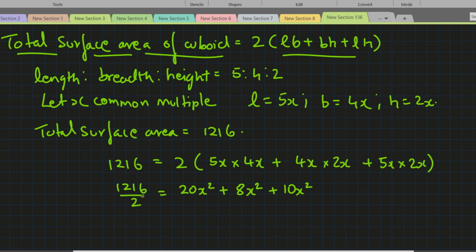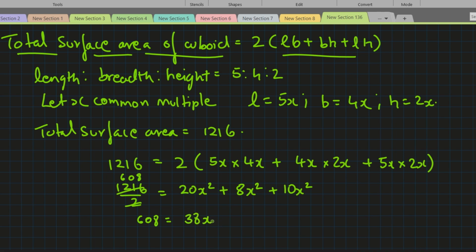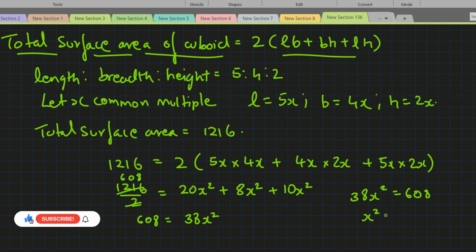This we get as 608 equal to, we get 20 plus 8 is 28 and 28 plus 10 we get 38. So 38x square. So we divide 608 by 38, so we get x square equal to 608 upon 38, which we get as 16.